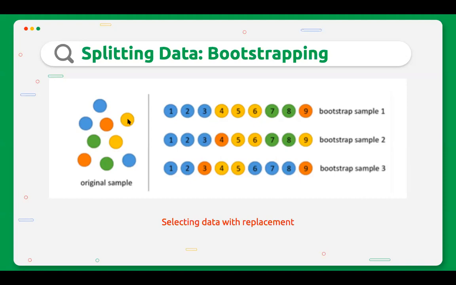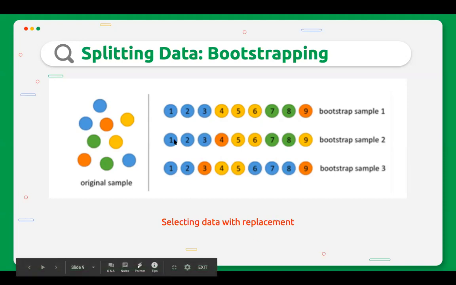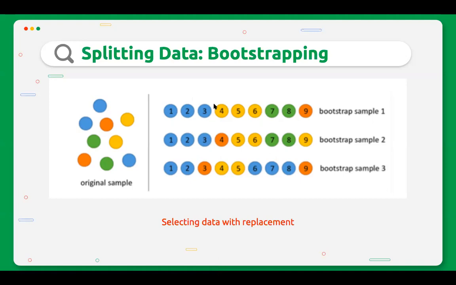And what we want to do is select our data with replacement. For our sampling we want 9 pieces of data like our original data, but this time for each tree we're selecting it with replacement.